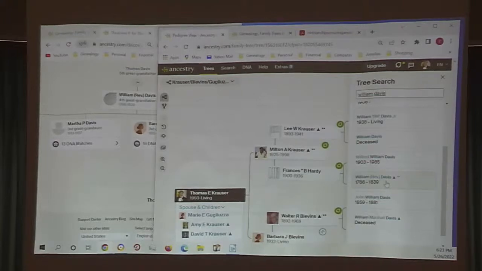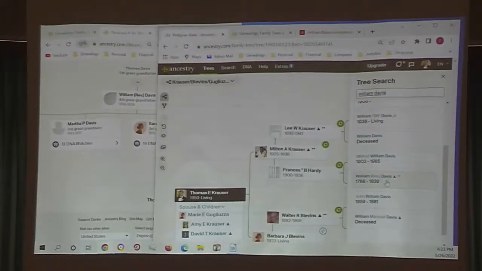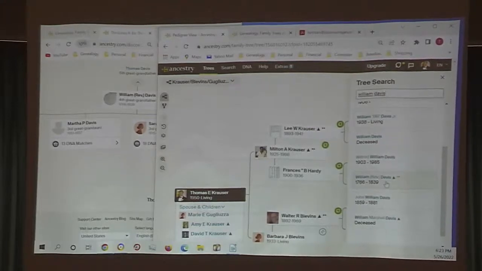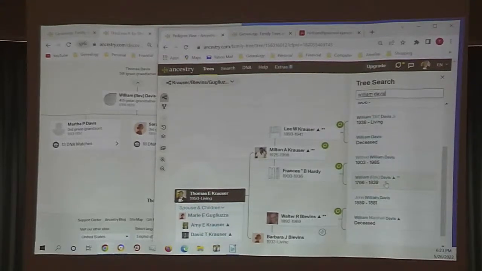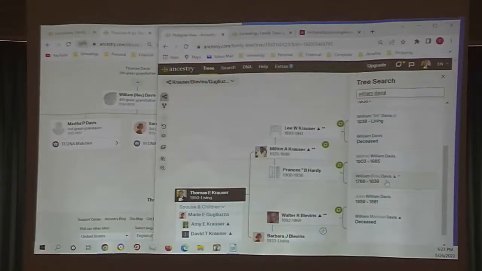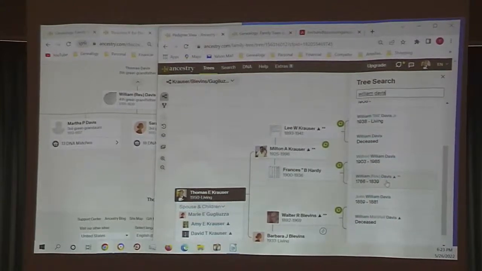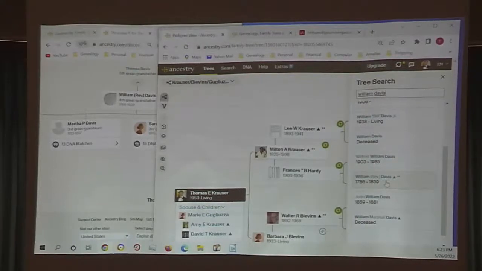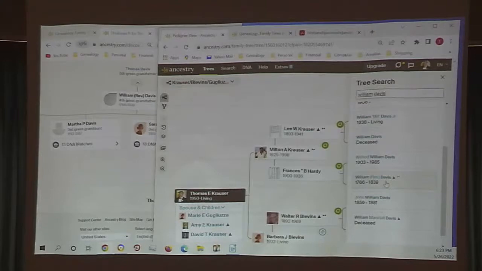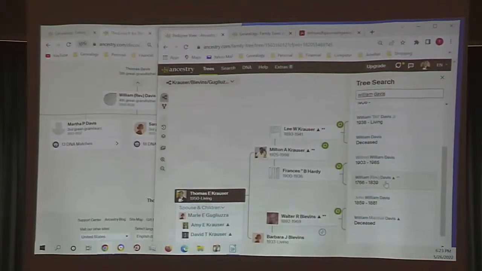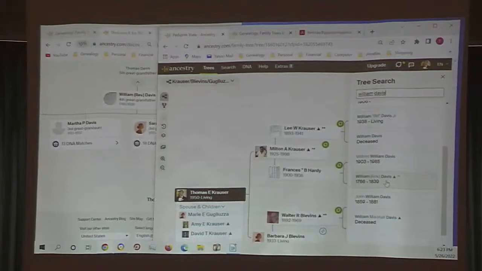Now, notice there's two little marks next to that William Davis. One of the things I want to talk about is when you look at your family tree, how many of you use something to identify all your direct descendants? In other words, this is my parent, this is my grandparent, this is my great-grandparent, and then great-great-grandparents and so on.